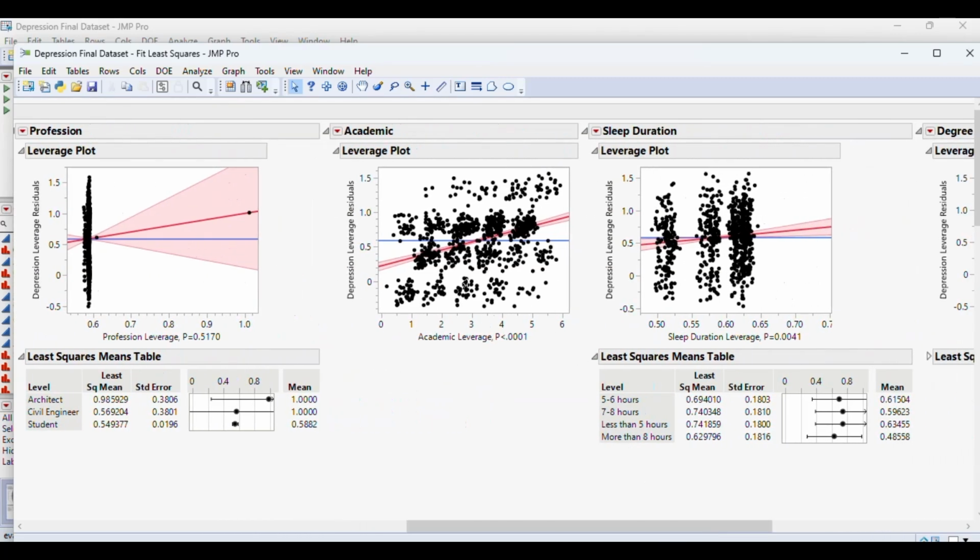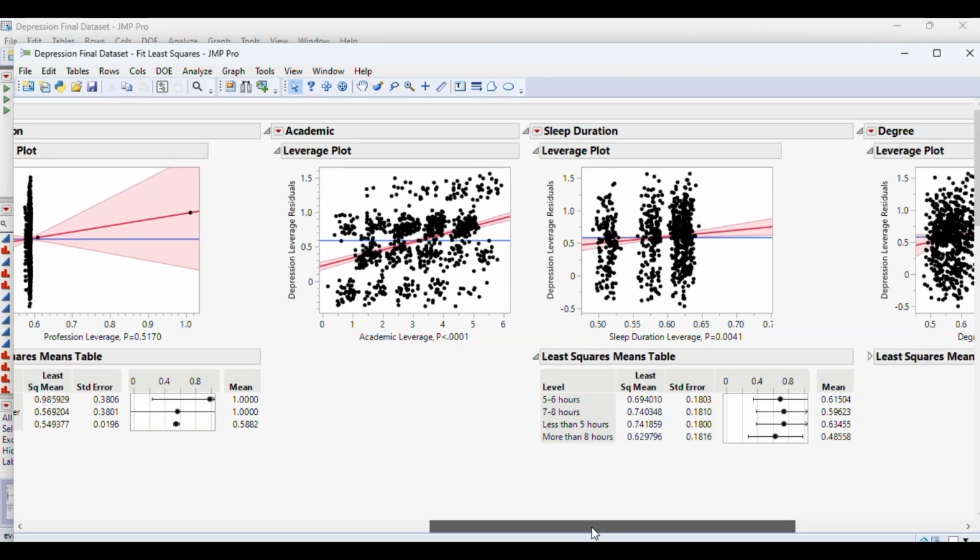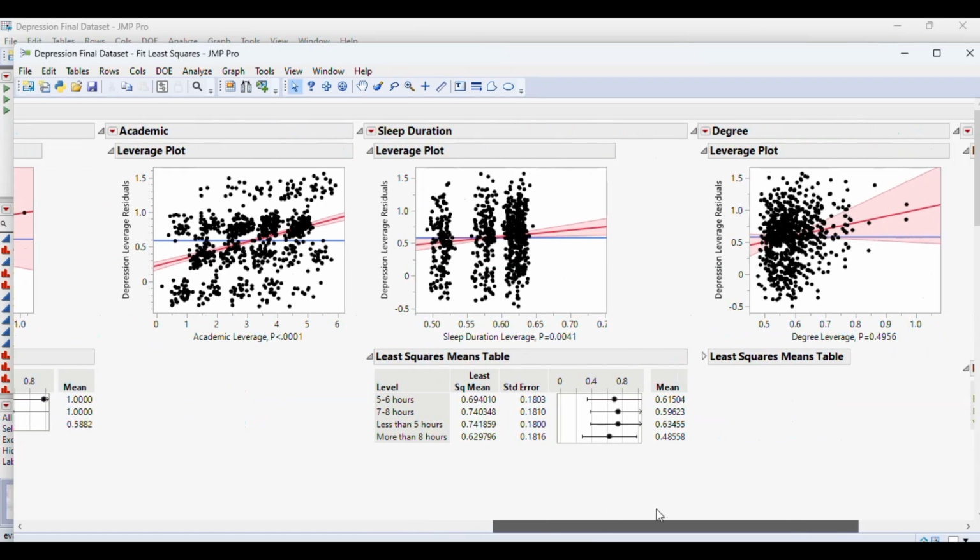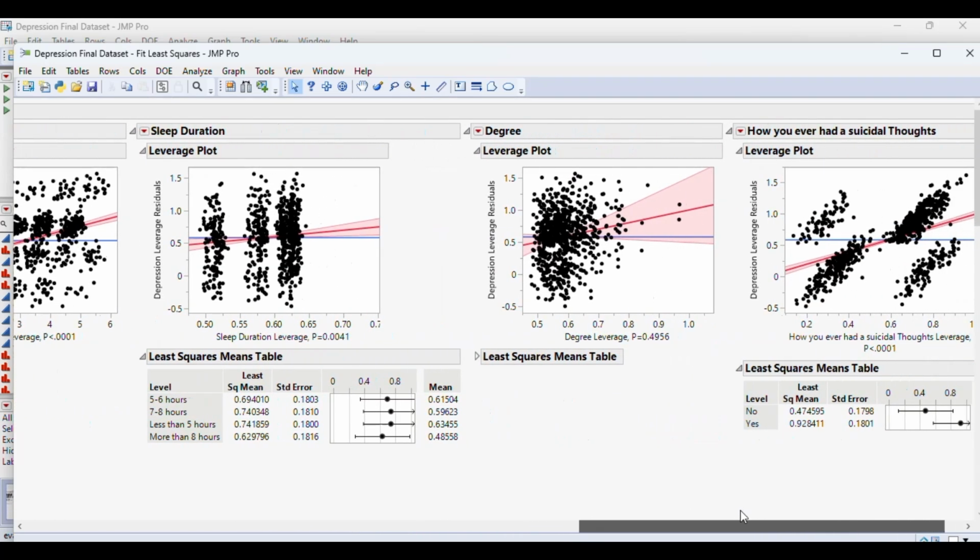You can see the plot here for academic background. This shows where individuals fall, and the responses are plotted here and there, showing people in their daily life experiencing this kind of depression. Then sleep duration, degree, and suicidal thoughts, which is the main thing.